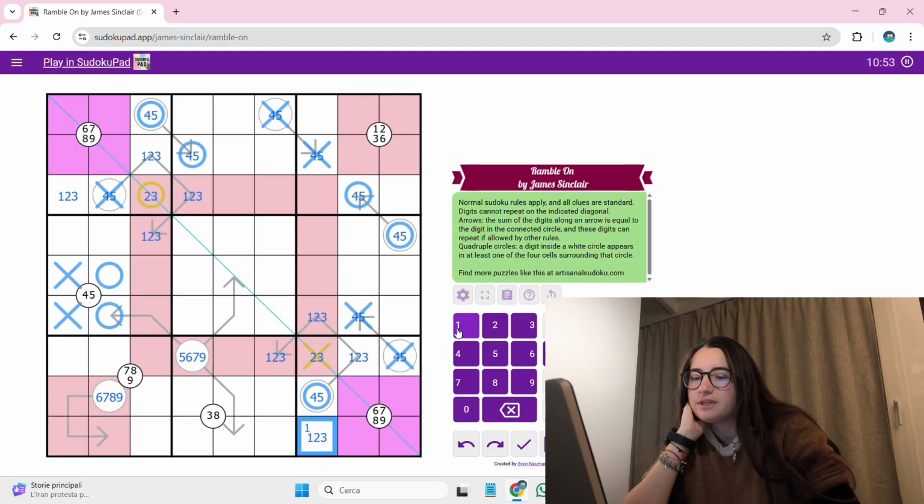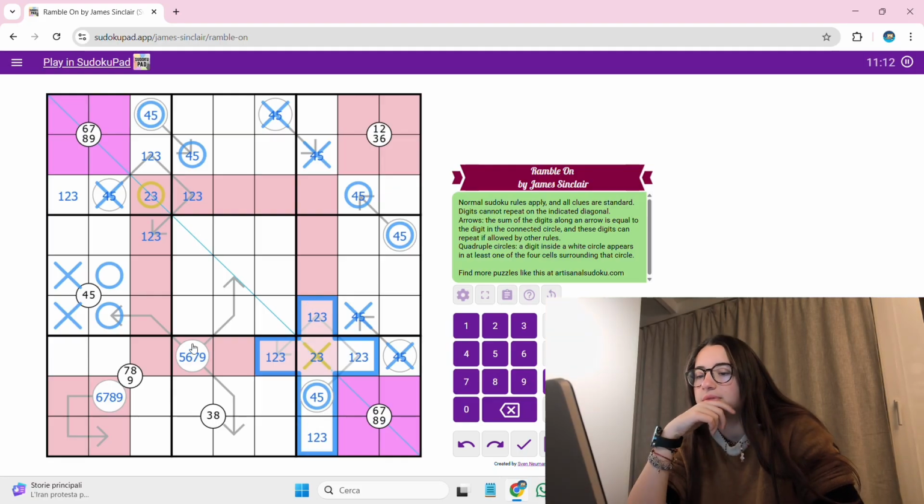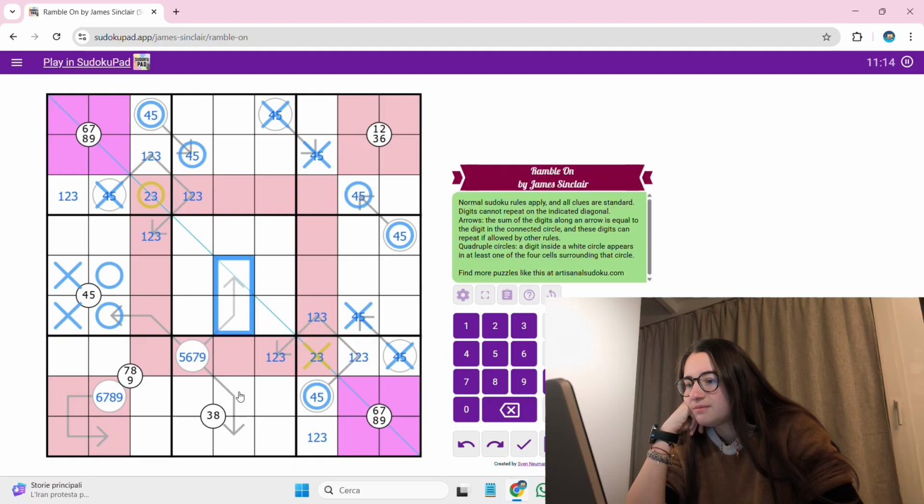Let's suppose the 1 is here. Can it be here? This has to be 2, 2, 1, and 3. Could it be possible? Yeah, it could be possible. 5 could be here. So yeah. 3, 2. 3, 2 being a 1 could be.